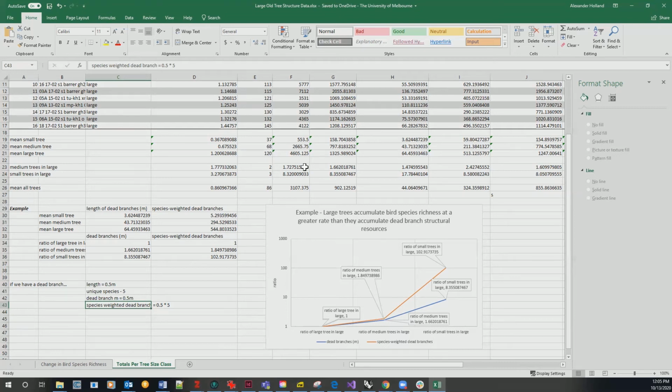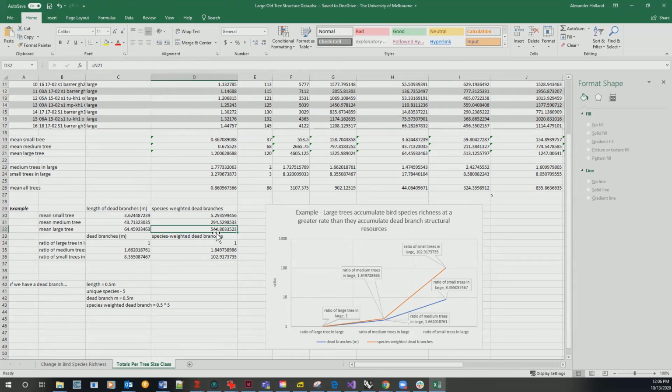And so clearly the raw numbers are much higher when I've got this species weighting, because then I just sum up all the individual branches' species weighted scores for each tree. Because they're being multiplied by the number of unique species, the raw numbers are much larger.